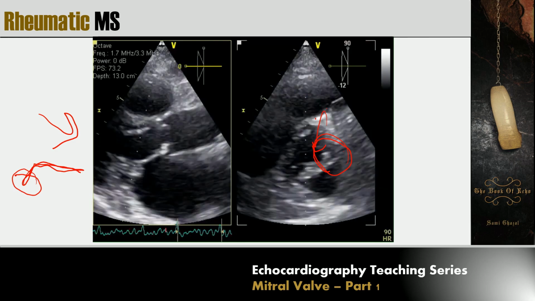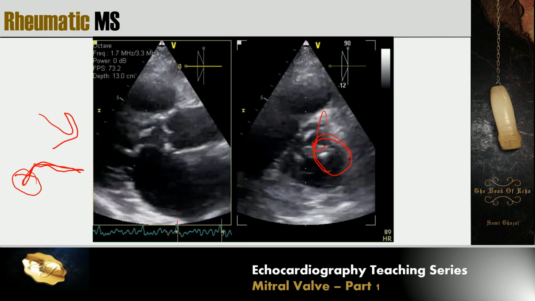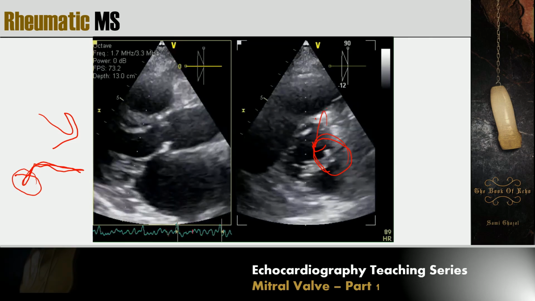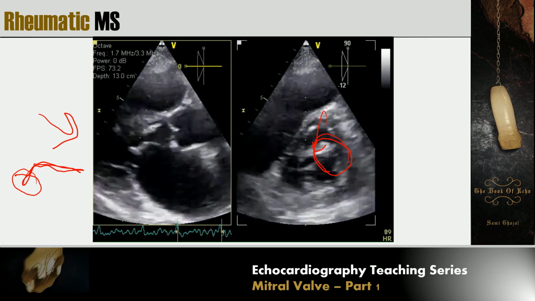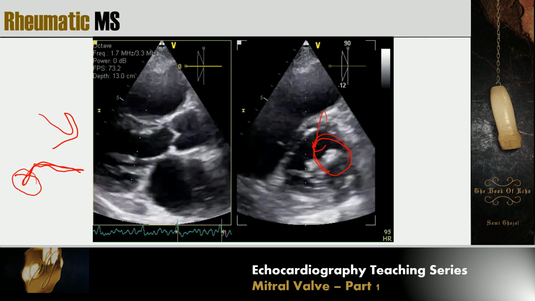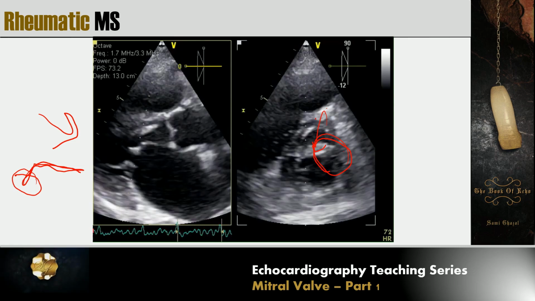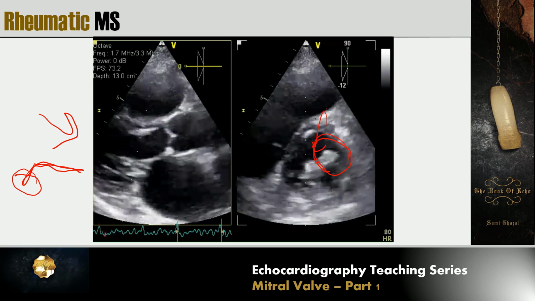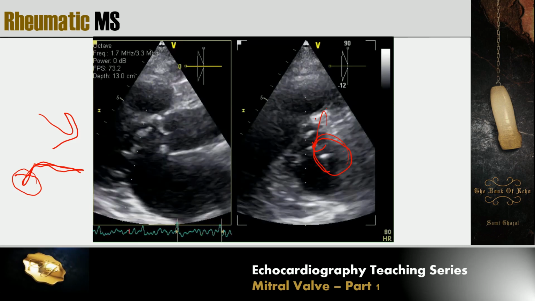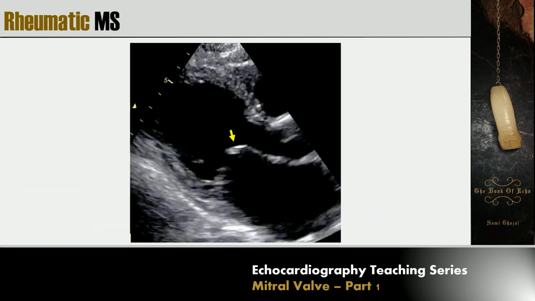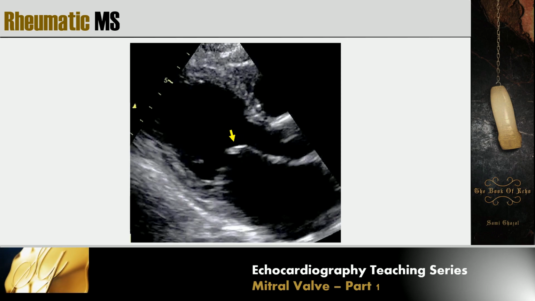We will have this doming of the mitral valve and the hockey stick appearance, as well as other features like restriction of the posterior mitral leaflet. If you look at the chords also, you will see that they are thickened and calcified. This is a still image that will show the hockey stick appearance of the mitral leaflet that is due to the commissural fusion.